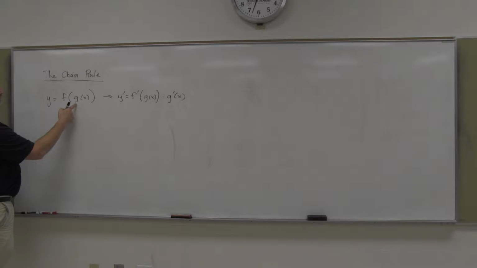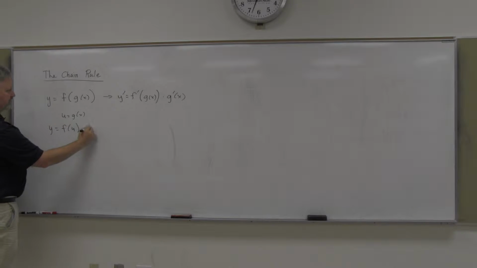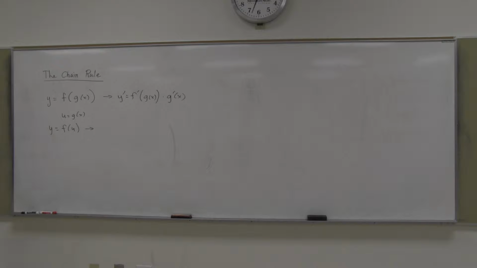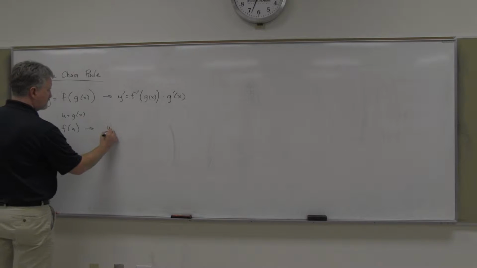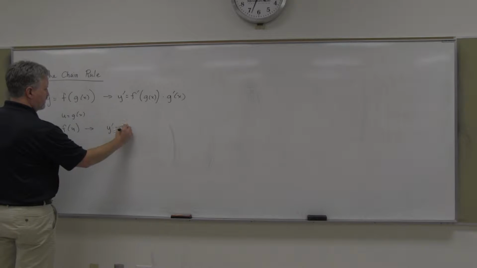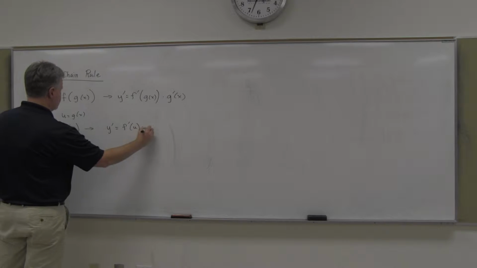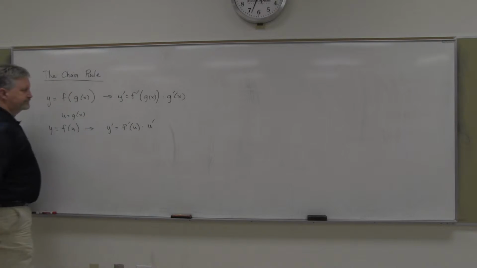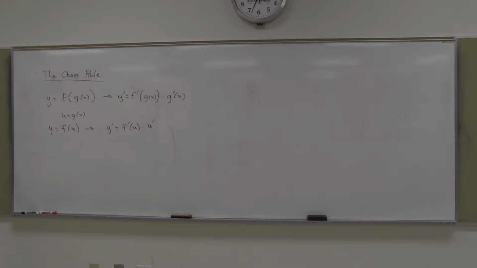Let u equal that g of x function, and so we've got y equals f of u. When I do my derivative, I would have f prime of u times the derivative of u, right?